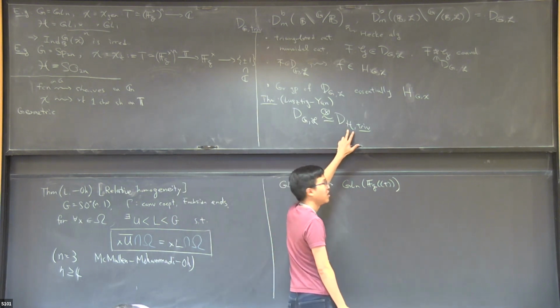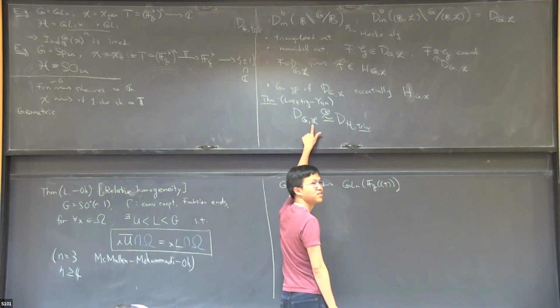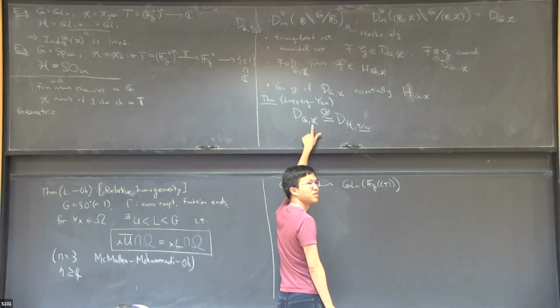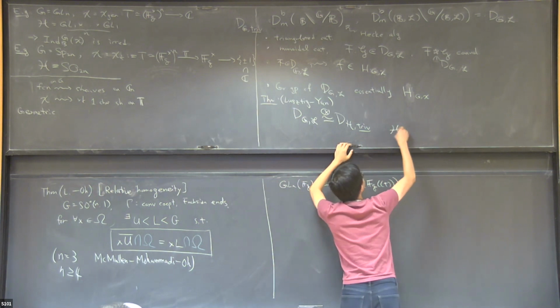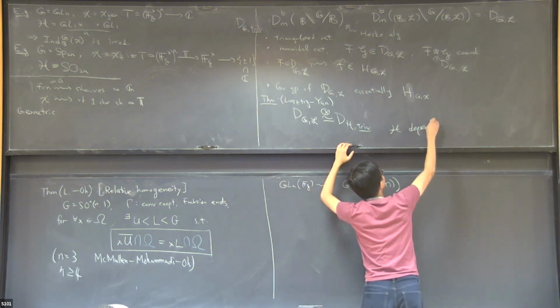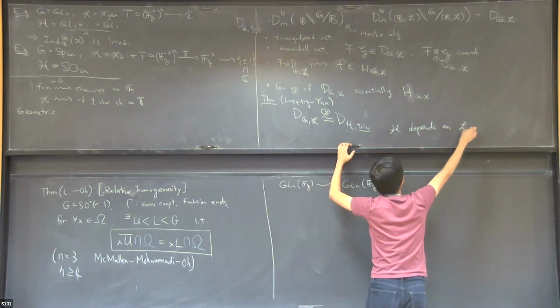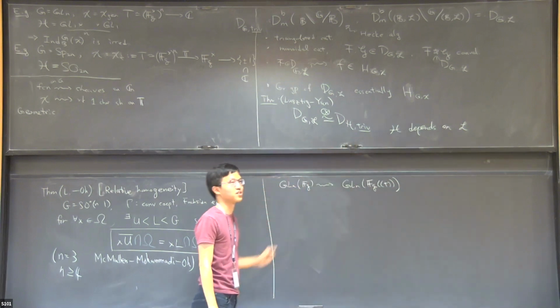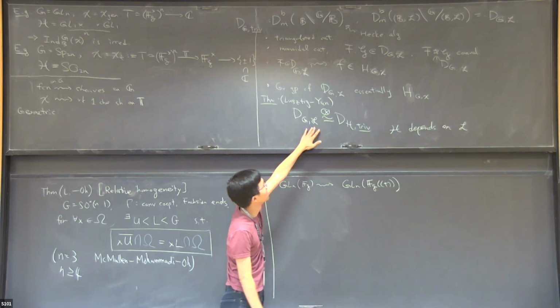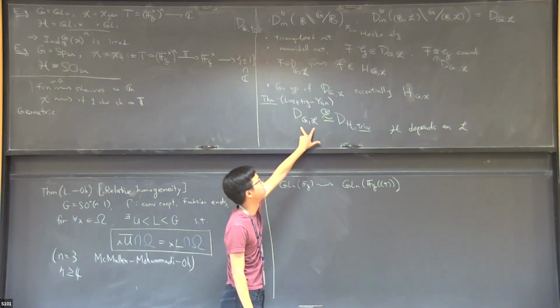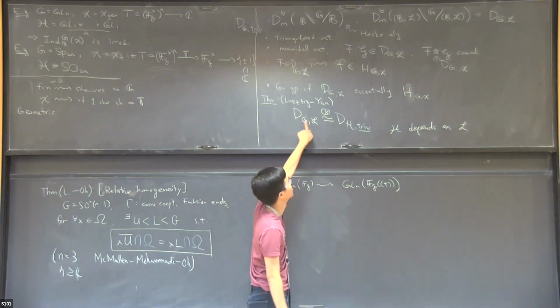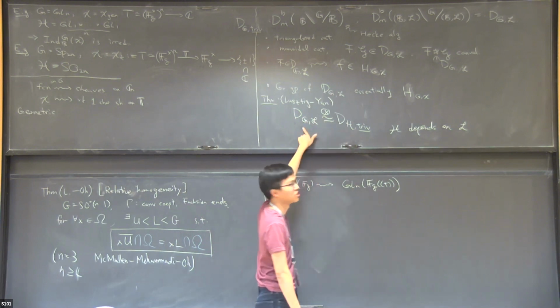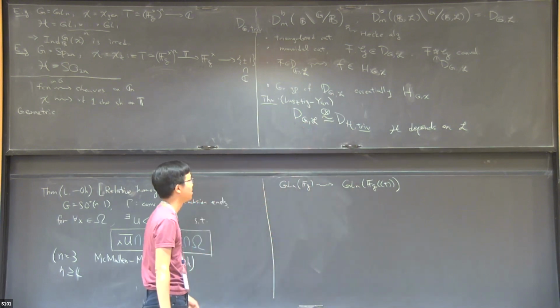It depends on L, so H depends on L. You choose G, L, and then H. If you reduce L to be trivial, then you can take H to be G, and the endoscopic part will be empty.